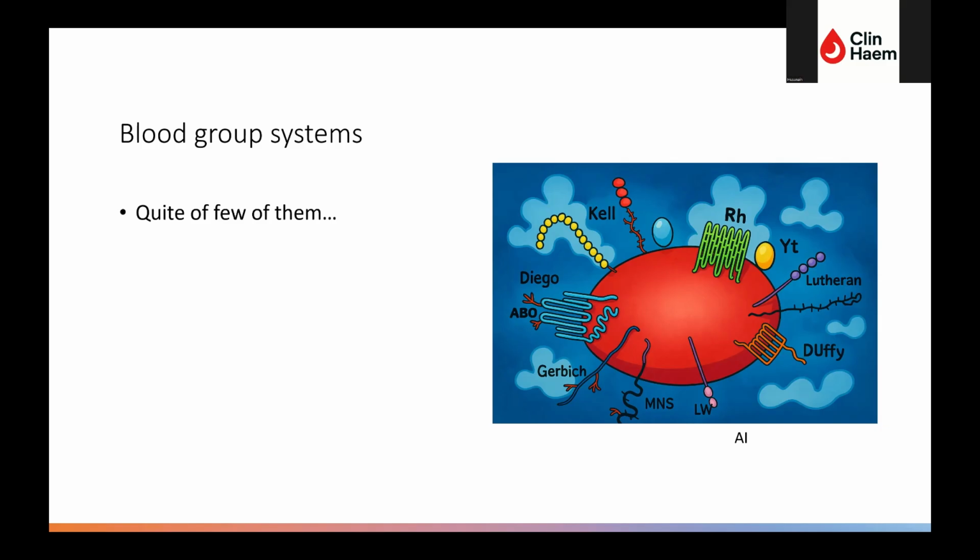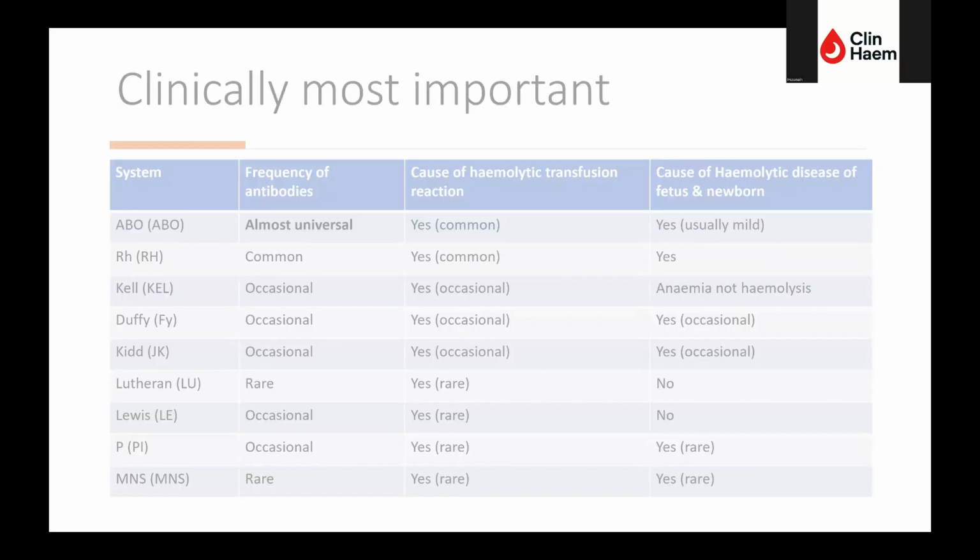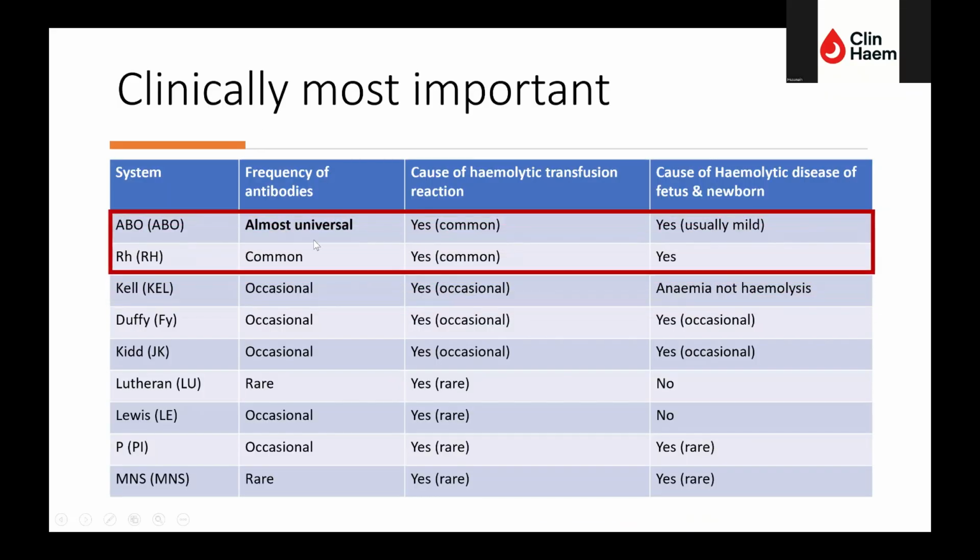For example, in the ABO blood group system, we have the option of having A, B, both AB, or nothing, which is O. And in RH, you have the option of having an RHD or not, and the option of having a capital E or a small e antigen. But as I said, the clinically important ones are these two.